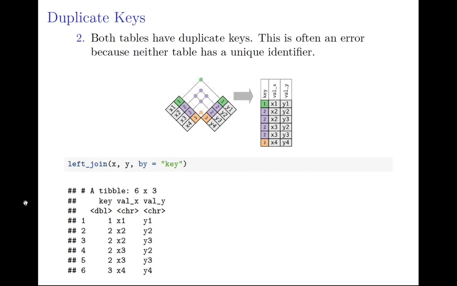And sometimes both tables have duplicate keys. This is often an error because neither table has a unique identifier, but it's good to notice when this happens, because if it's an error and you don't have unique identifiers, you probably need to fix that. So here you can see this happening in these two data frames, X and Y, with a left join.